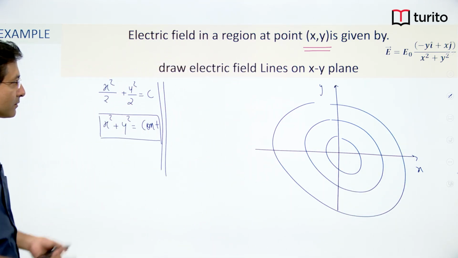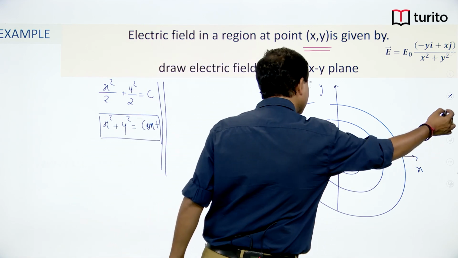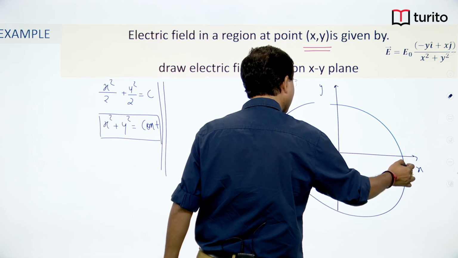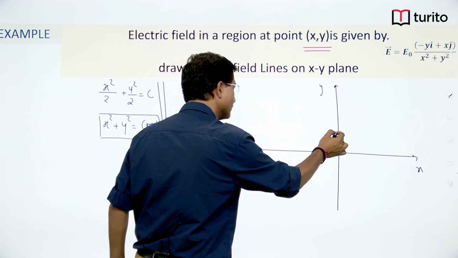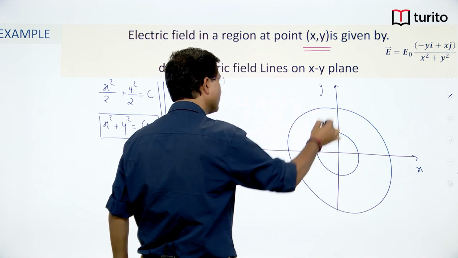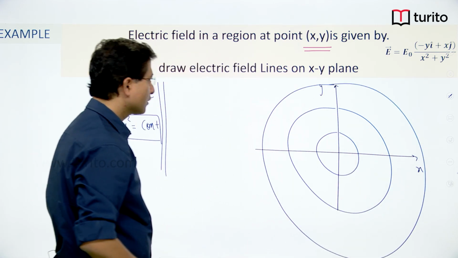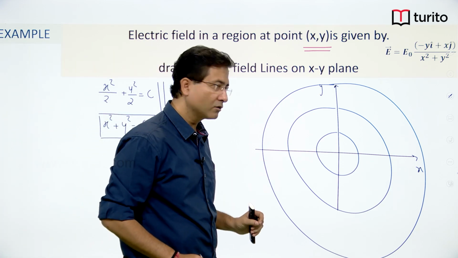The field lines will be something like this, all having their center at the origin. I hope it is clear that all the circles have their center at the origin.